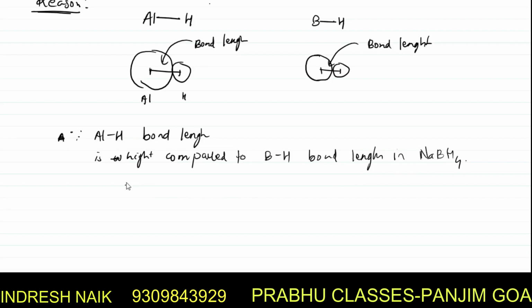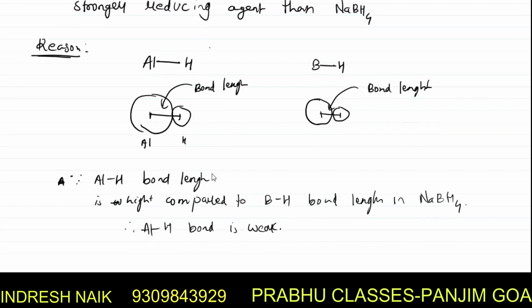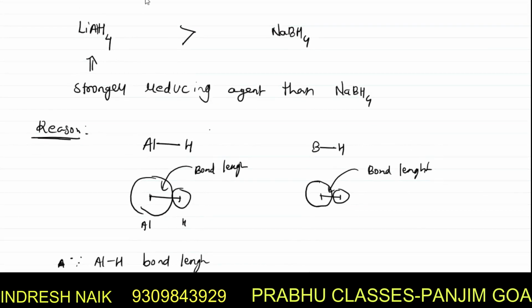Therefore the aluminum hydrogen bond is weak. Bond is weak, therefore it gives more of H minus, right? So that's why this is a good reducing agent. Many times they do ask a reason why this is stronger and why this is weak.